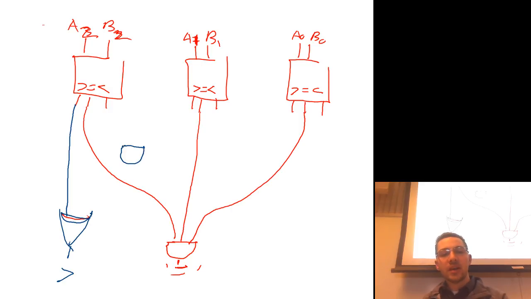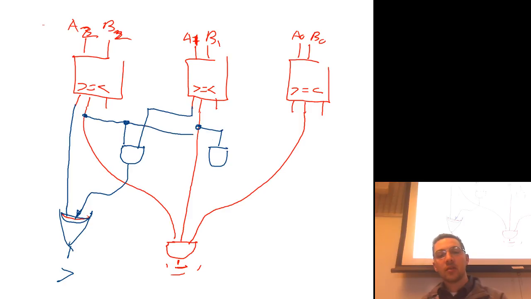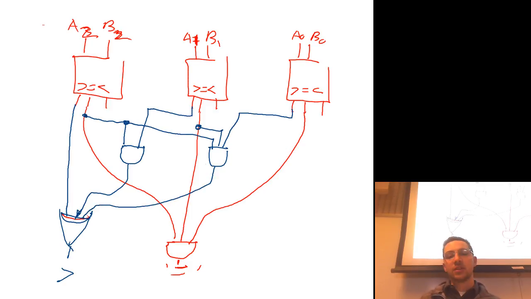If these two bits are equal and the next one is greater than, well, then we're all set. The third option, if the first two bits are equal to one another and the least significant bit is greater than, then we're good. Those are the only ways that we can have a symbol that's greater than.